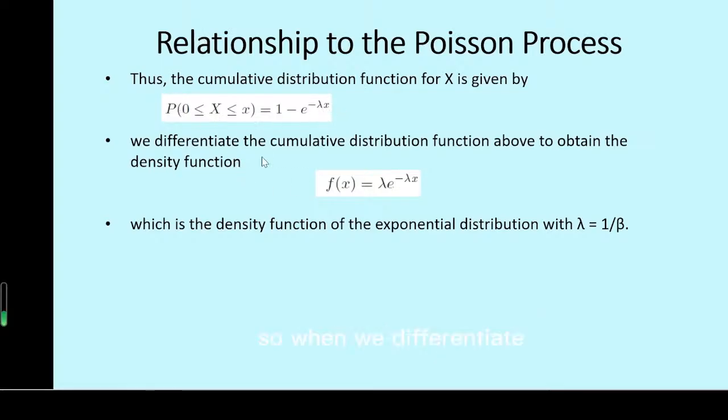So when we differentiate the cumulative distribution function above to obtain the density function, the exponential distribution has density equal to lambda e to the power of minus lambda x, which is the density function of the exponential distribution with lambda equals 1 over beta. So beta is the average time between events in a Poisson process, right?